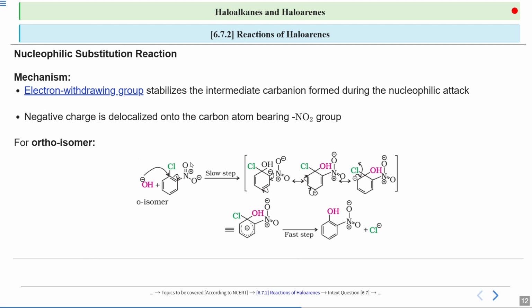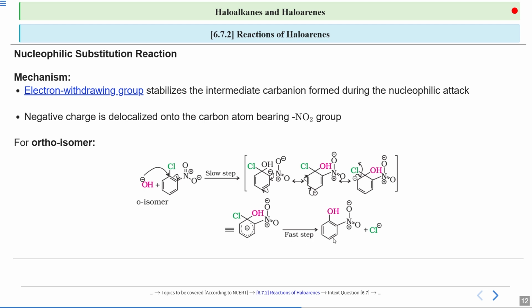The electron withdrawing group, that is NO2, is stabilizing the intermediate carbanion, which is forming by the shifting of double bond electrons, right? So this electron withdrawing group is stabilizing the intermediate carbanion formed during the nucleophile attack, and due to which the negative charge is delocalizing on the carbon atom that is bearing the NO2, and you will get your product without any disruption.